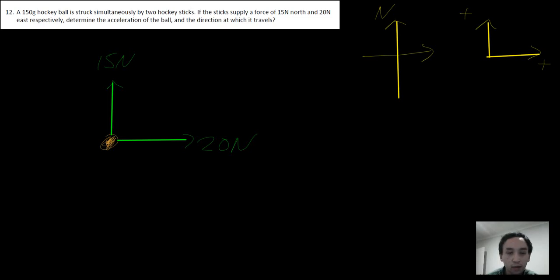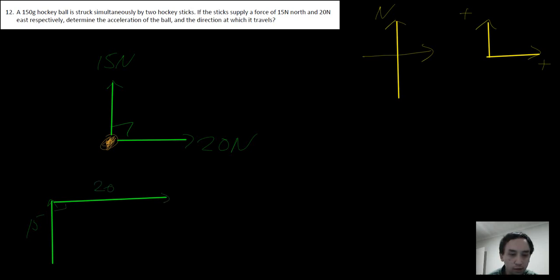So the net force, if you have something like this, remember that these are at right angles to each other. And so the net force is really the addition of these two vectors. So if you were to redraw these out, what we really have is a vector of 15 going up, a vector of 20 going to the right.